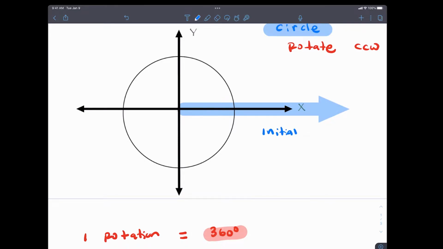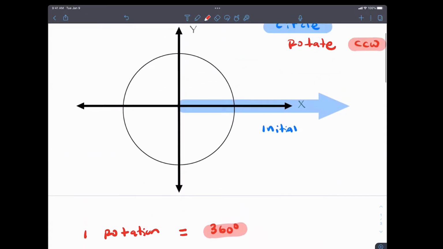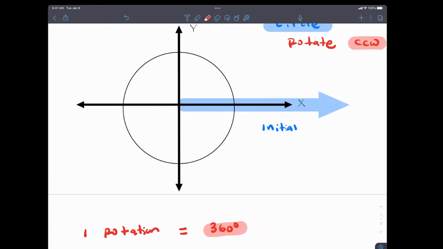If you rotate counterclockwise, or even if you rotate clockwise, one rotation equals 360 degrees. So if we start on that positive x-axis and we rotate this way, that's counterclockwise, and we put that's 360 degrees. You guys okay with that? What do you guys think? Is that hard? Does that make some sense?